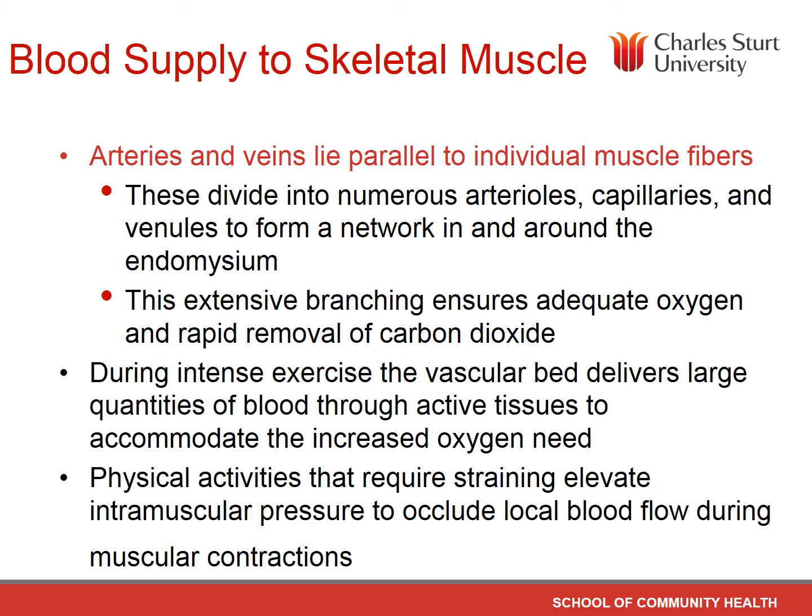Otherwise, it's not going to be able to generate ATP at the rate that we need, and we won't be able to contract the muscle the way that we want to. So we have a high blood supply to our skeletal muscles.